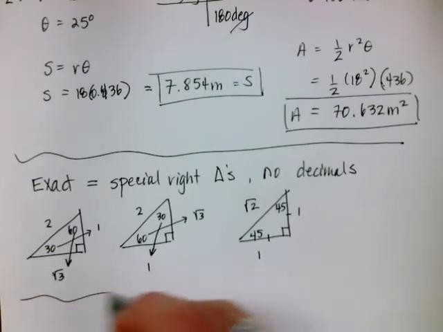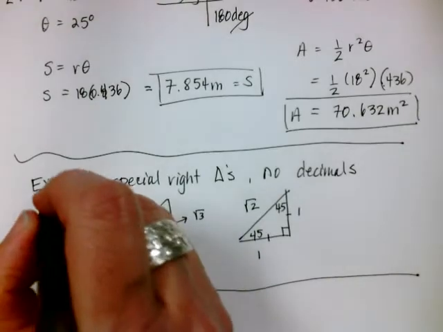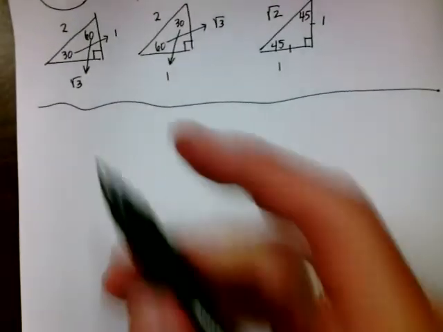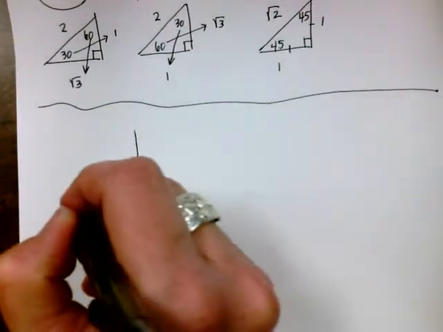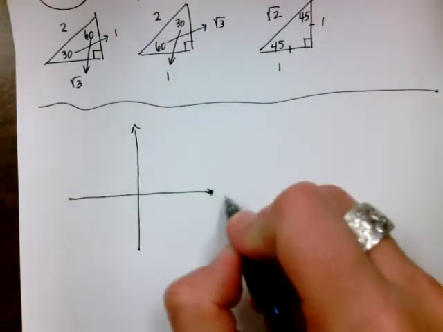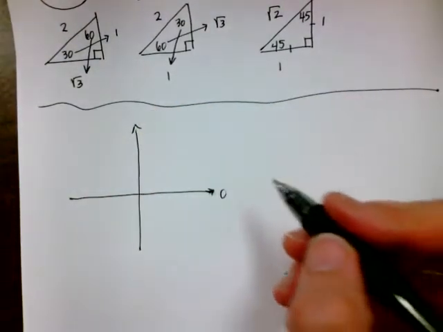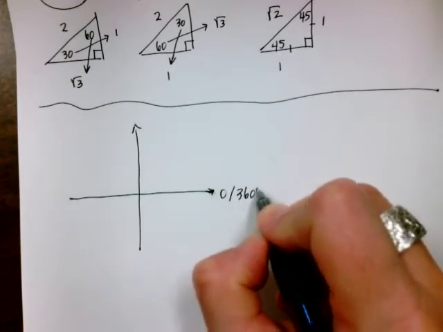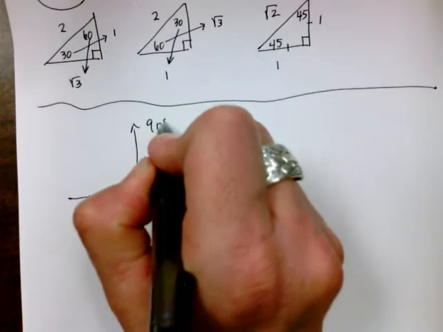The next thing that you're going to need to manage that exact word are some angles in the unit circle. Every teacher teaches this particular section differently. This is my particular favorite way to do this, so you're stuck with me. So remember that this was 0 or 360 degrees. This is 90 degrees.